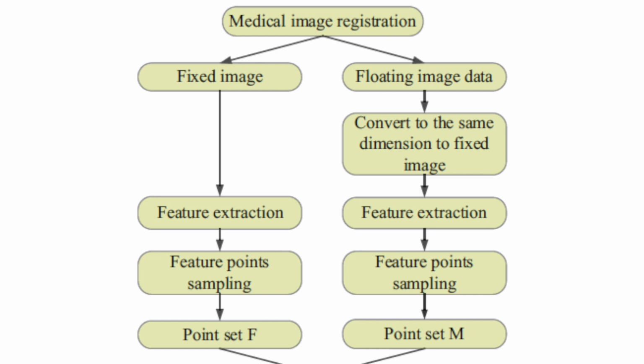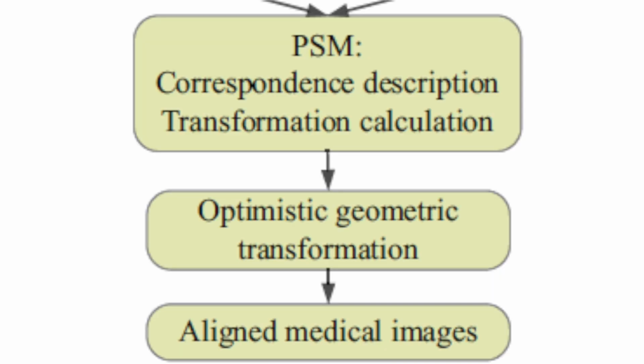Now, feature point sampling has to be done, where we update the point set of F and the point set of M, the feature points of both the fixed and floating images. Finally, after getting the points from the extraction, correspondence description and transformation calculation are done, then the final optimized geometric transformation can be done, and finally we get the aligned medical image with this image registration process.